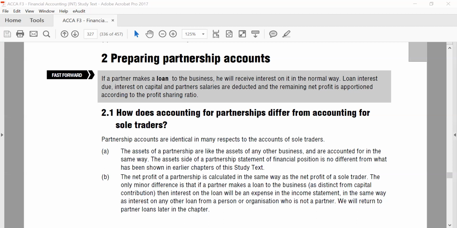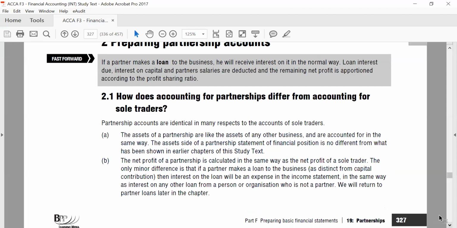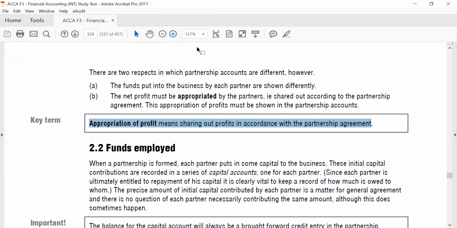We are going to see how exactly that comes in and how we can link the two things. Like I said, the appropriation, and also showing capital for each partner, are some of the things we look at. We call it appropriation of profits, which is the sharing of the profits in accordance with the partnership agreement.